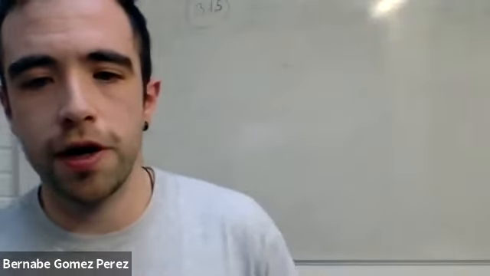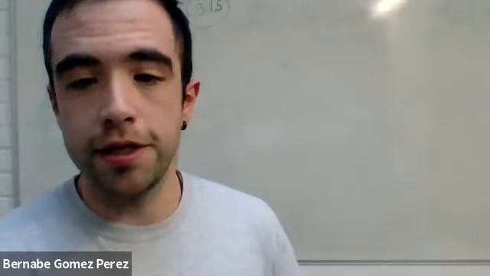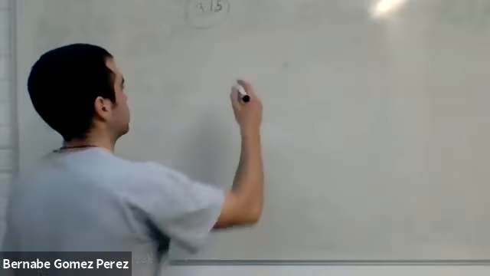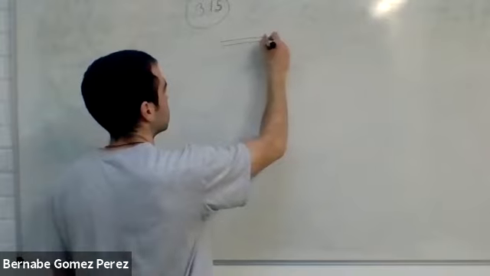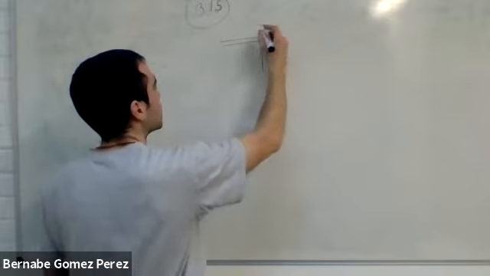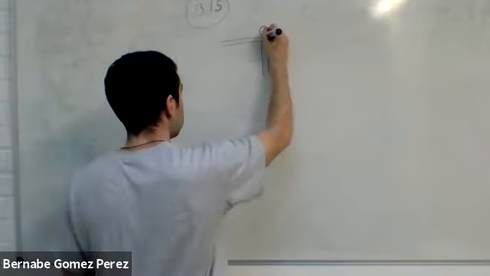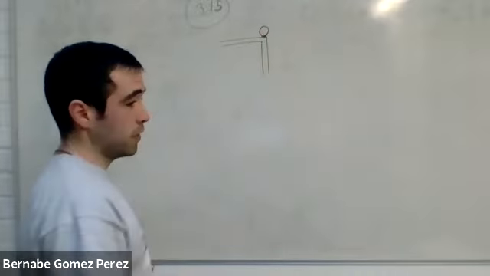Our beloved problem. Inside a starship at rest on the Earth, a ball rolls off the top of a horizontal table and lands at a distance d from the foot of the table. Okay, sketch. So this is going to be my table, more or less, and we have a ball that rolls off the table.